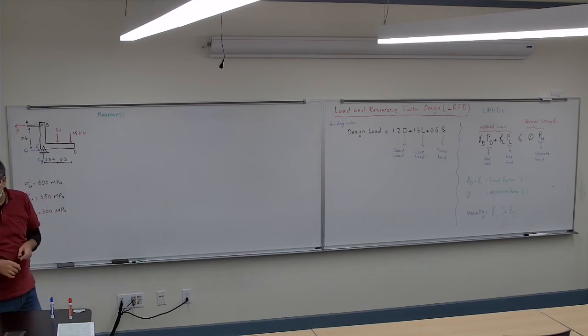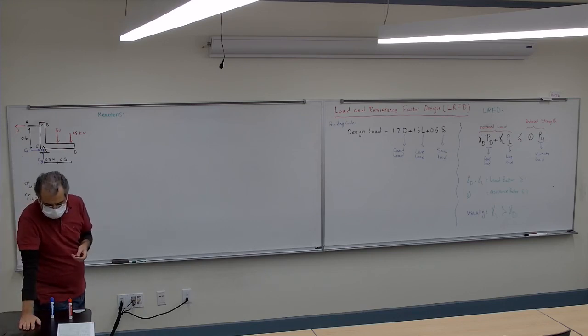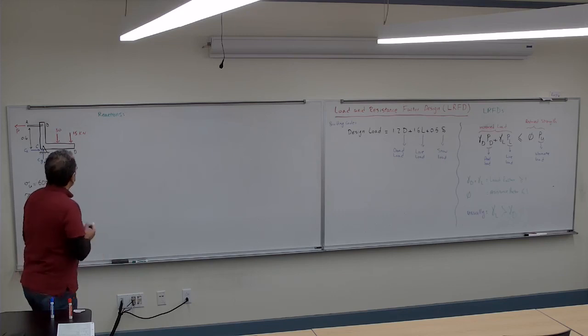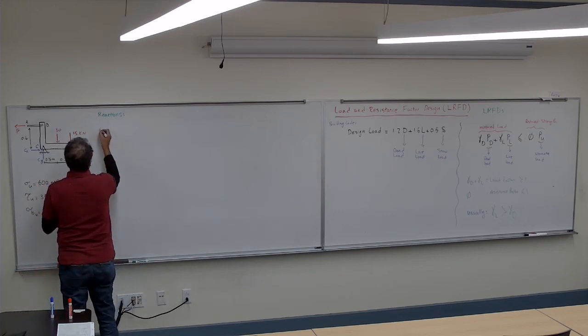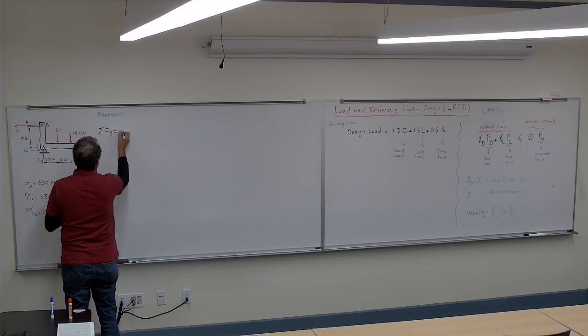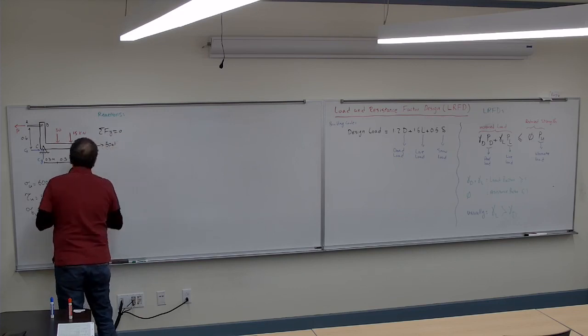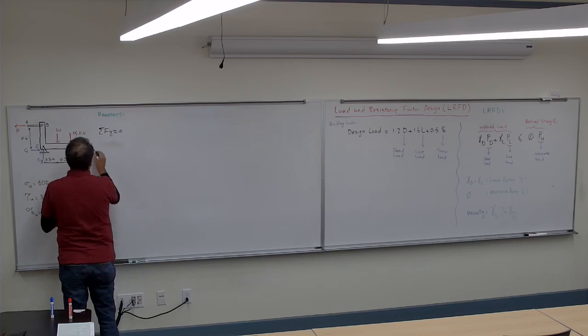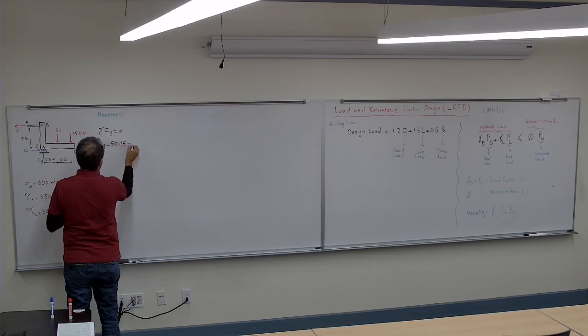I can start with the moment. So if I write the sigma of y equals 0, what does it give me? It gives me CY minus 50 minus 15 is 0, therefore the CY is 65.